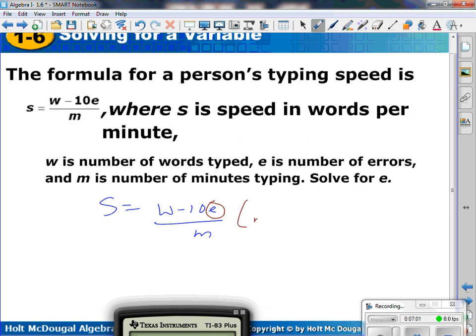Multiply by m. So I have sm equals w minus 10e. Actually, it should be ms to put it alphabetical.